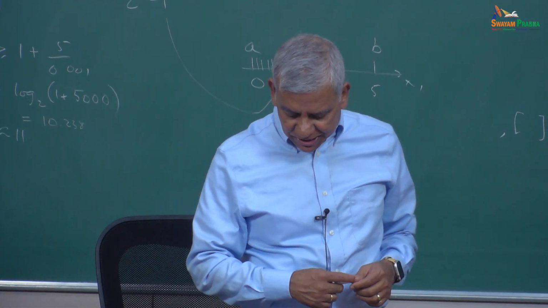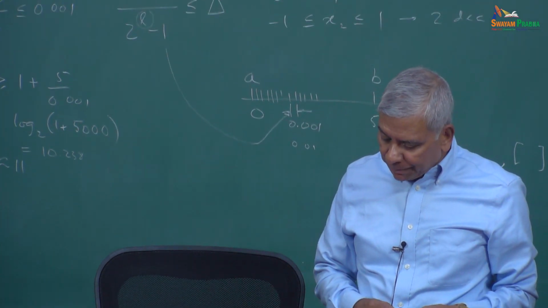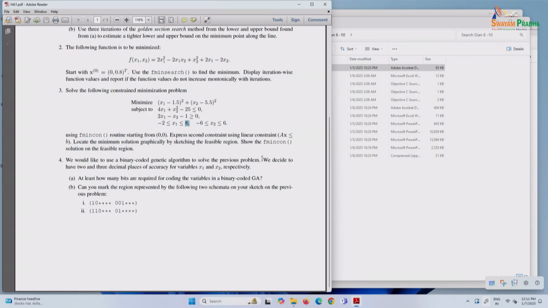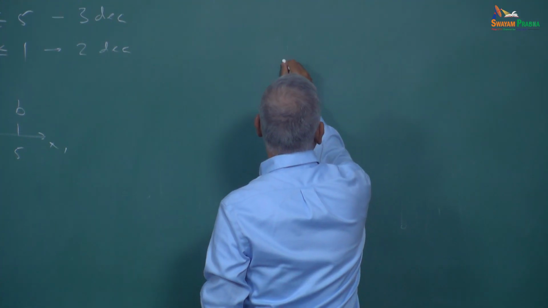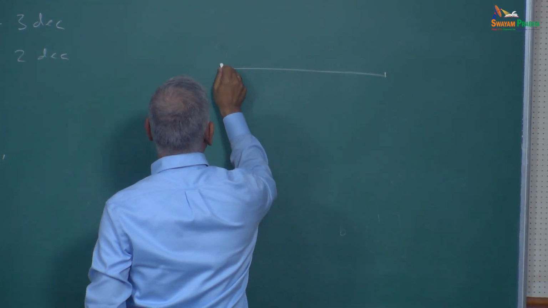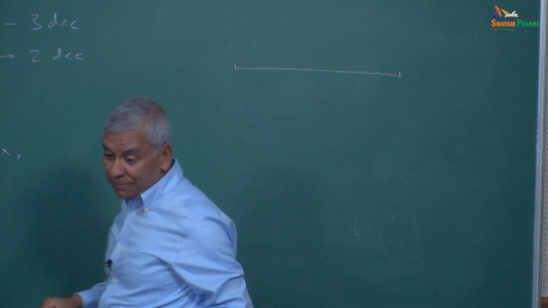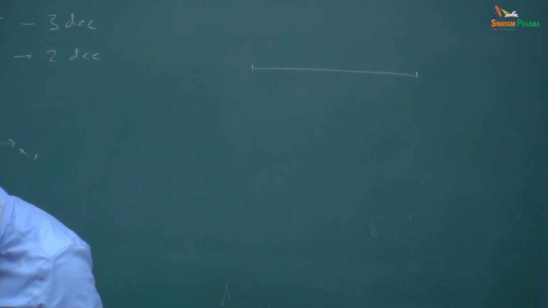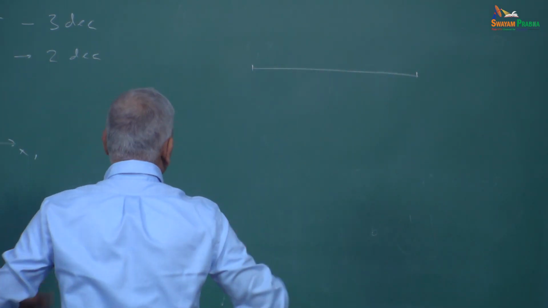Okay, the second part is, can you mark the region represented by the following 2 schemata? Let me do another one, not just this one. Let's first do a single variable. Let's say I have 5 bits.